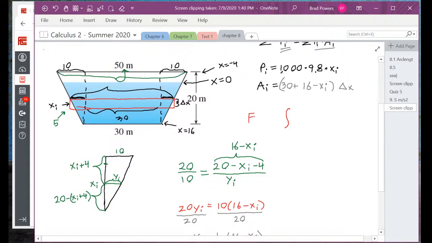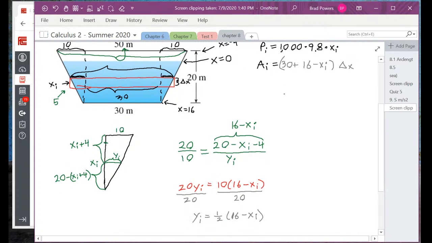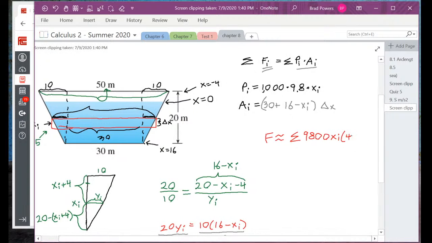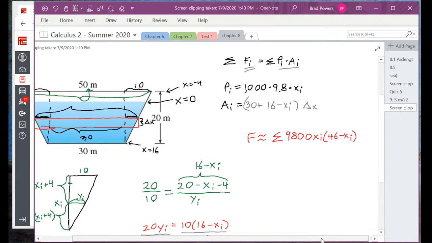Let's say force is going to be about the sum of pressure times area, so what we got is 9,800 times x sub I times 46 minus x sub I, times delta x.